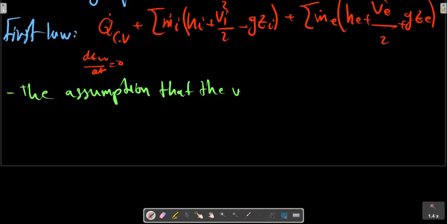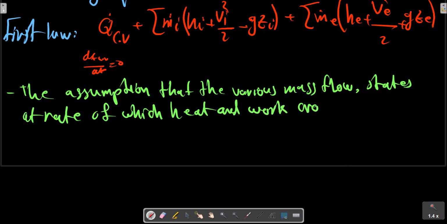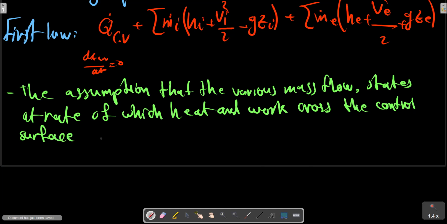The values of mass flow, state, and the rate of heat and work across the control surface remain constant.